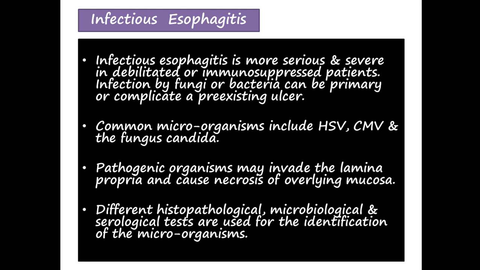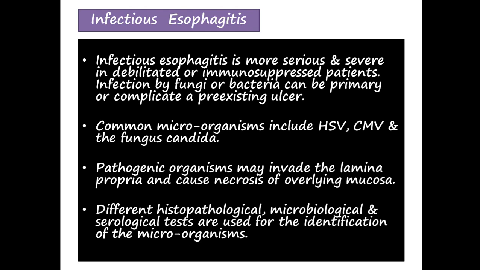The common microorganisms that infect the esophagus include the viruses herpes simplex virus and cytomegalovirus, and the fungus which commonly affects the esophagus is candida. The pathogenic organisms may invade the lamina propria and cause necrosis of the overlying mucosa.